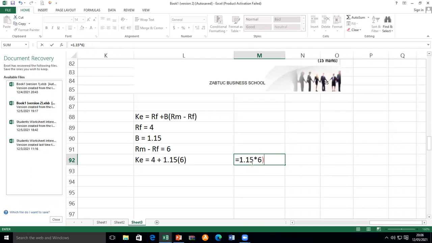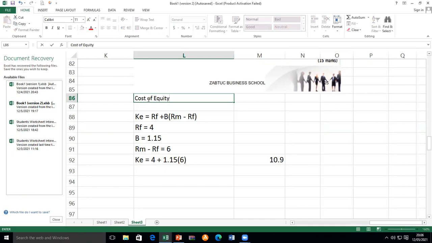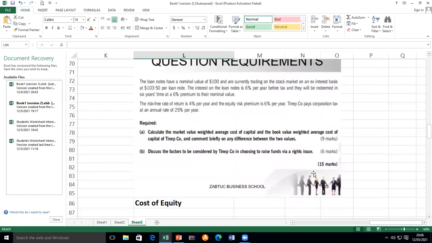Okay. So that was the cost of equity in this situation. Let's move to the next one.